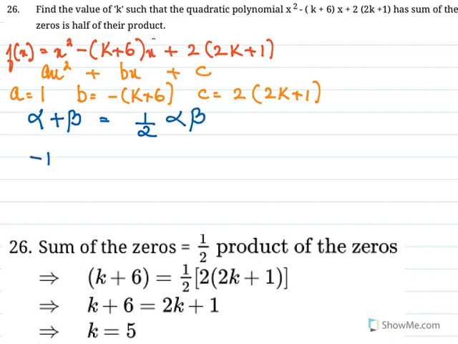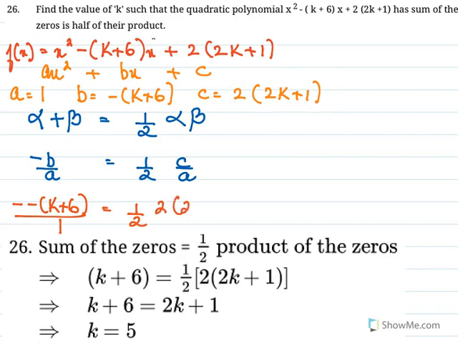Now sum of the zeros is minus b by a. Product of the zeros is c by a. Now let's put the values. So we have minus b, which is minus of minus (k plus 6), over a, which is 1, equals half of c, which is 2k plus 1 over 1.